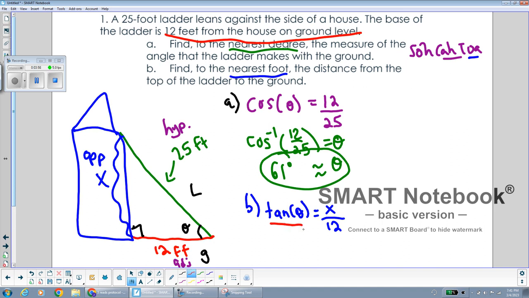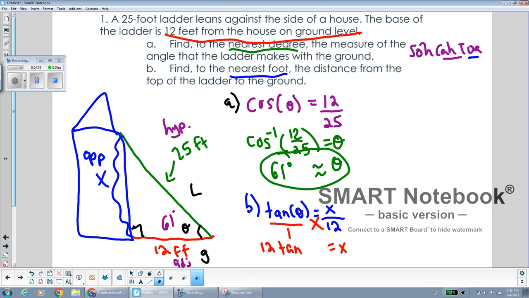Since we're solving for a side, we can cross multiply. So we have 12 tangent of angle theta is equal to x. And we already found what this angle was in part A. We found that it was approximately 61 degrees.